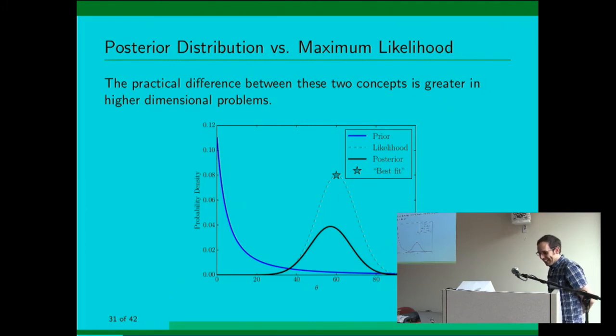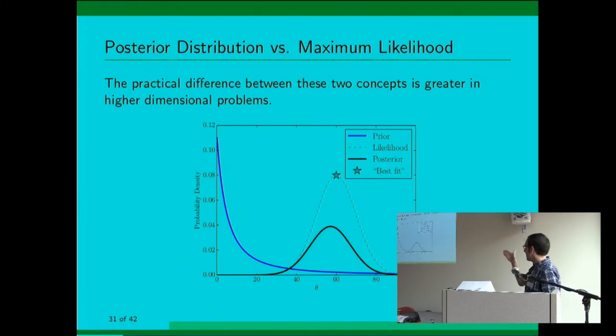So if you have a parameter space and you're currently doing a fitting problem by finding the best fit in parameter space, the definition of best fit usually corresponds to what in statistics is called maximum likelihood.